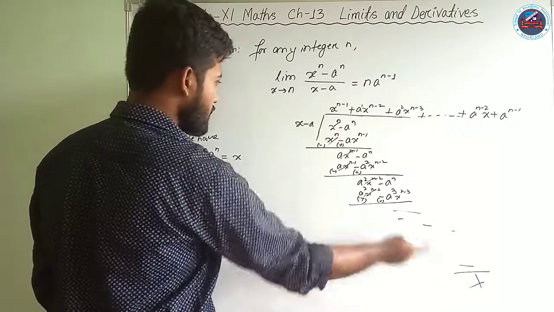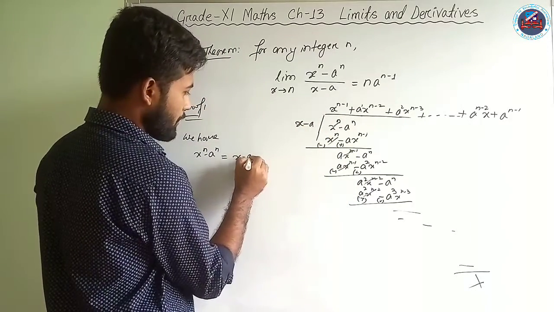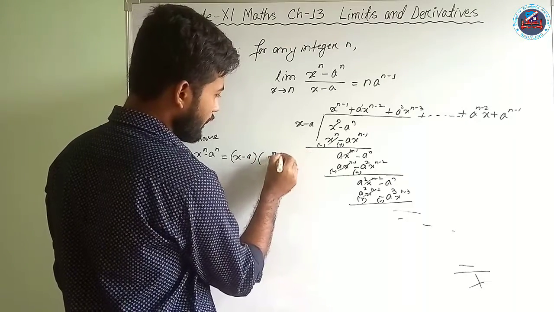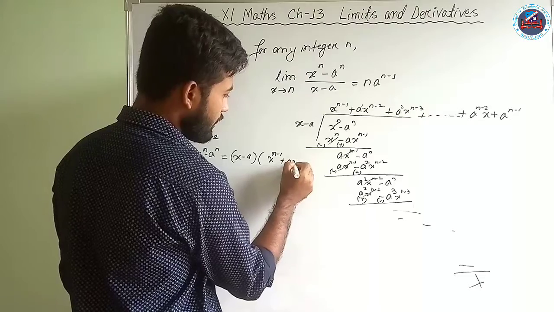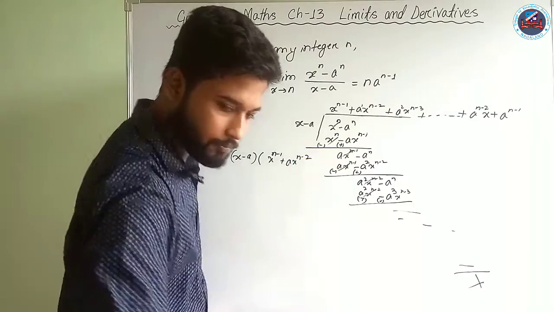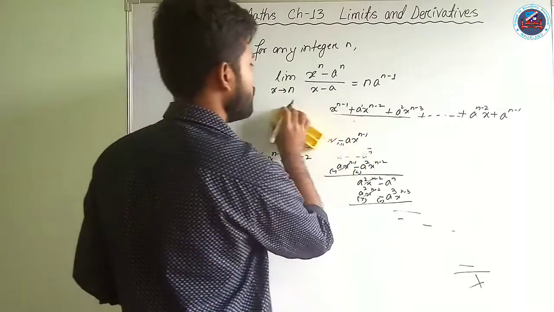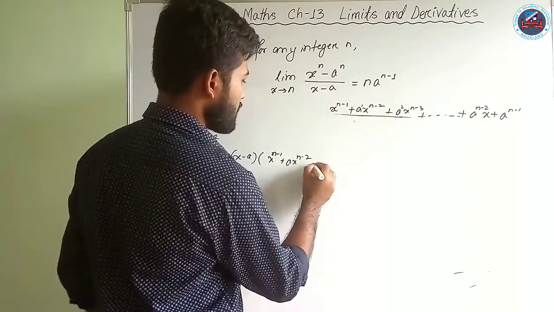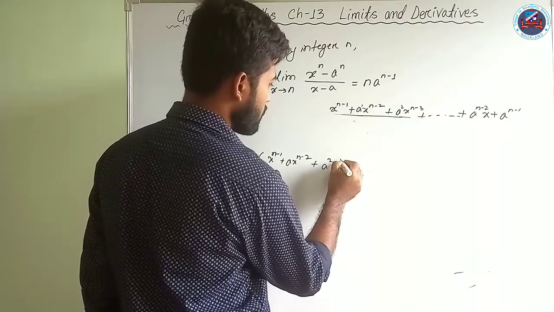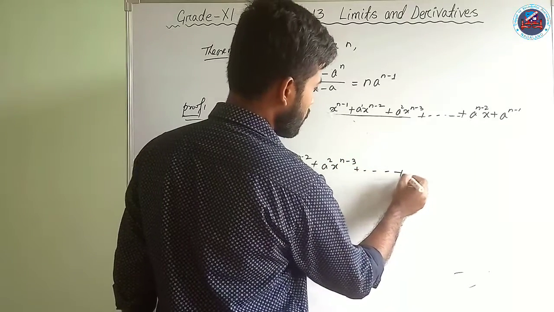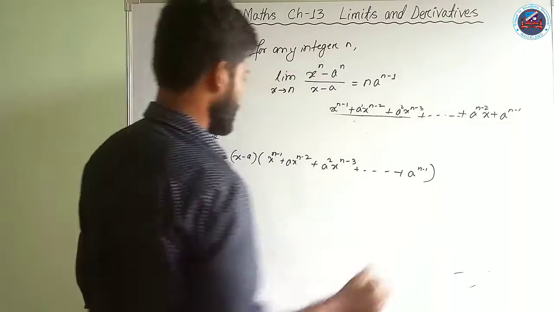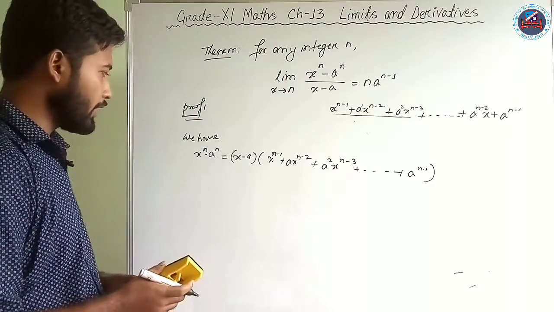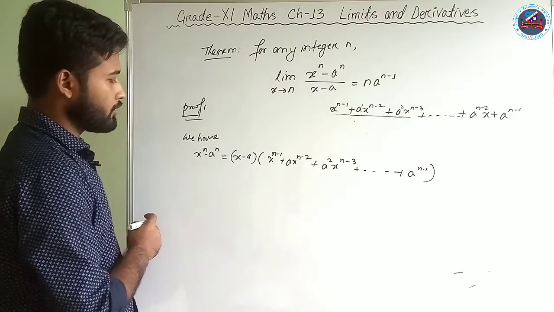Remainder will be 0 at last, so it is x minus a into x to the power n minus 1 plus a x to the power n minus 2 plus a square x to the power n minus 3, and so on till a to the power n minus 1. So this is how we have expanded x to the power n minus a to the power n.